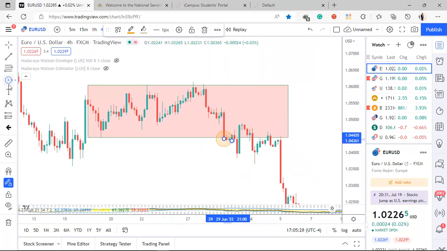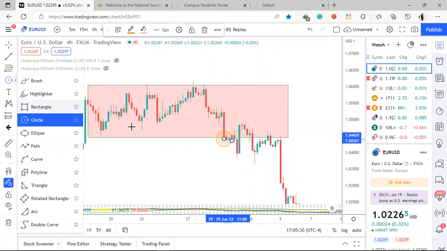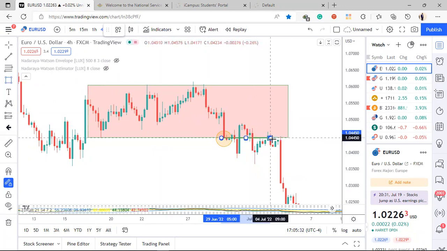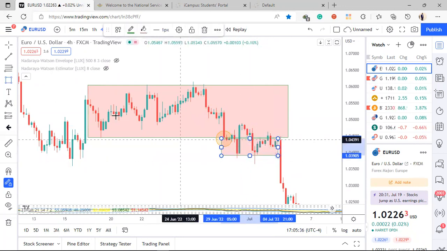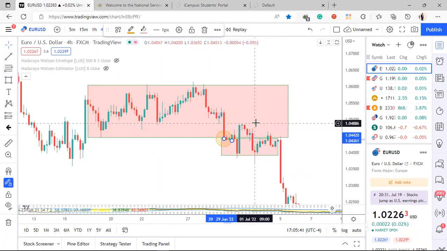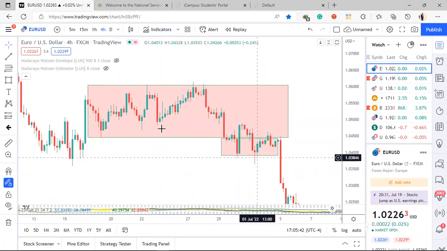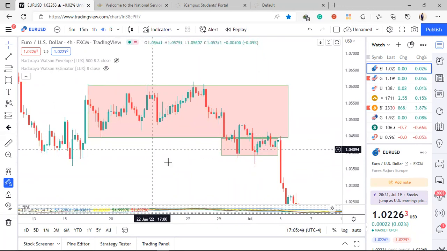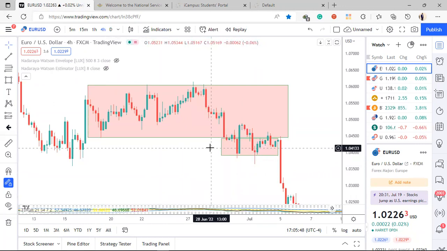Here, there is a breakout. So the moment price started trading outside this particular box you have drawn, you no more look for buys, but you look for sells.